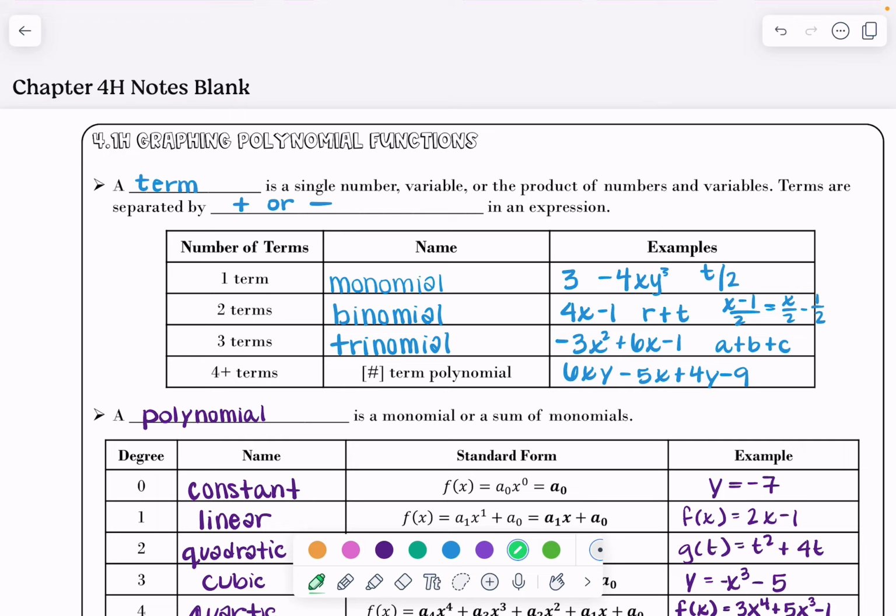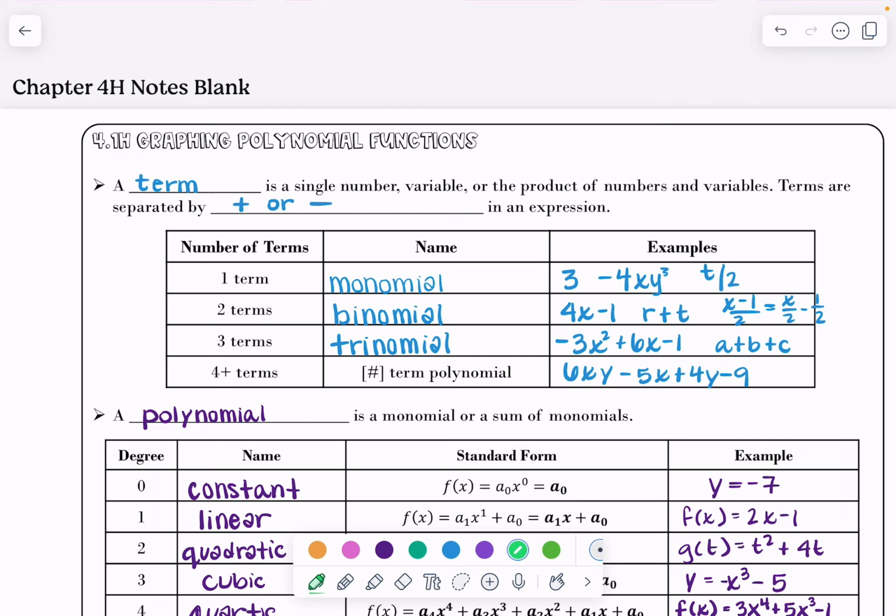So with 4.1, we're going to be talking about identifying the different types of polynomial functions. A term is a single number or variable, and it's also the product of numbers and variables. Terms are separated by addition or subtraction signs in an expression. If we just have a single term, it's by itself, okay?